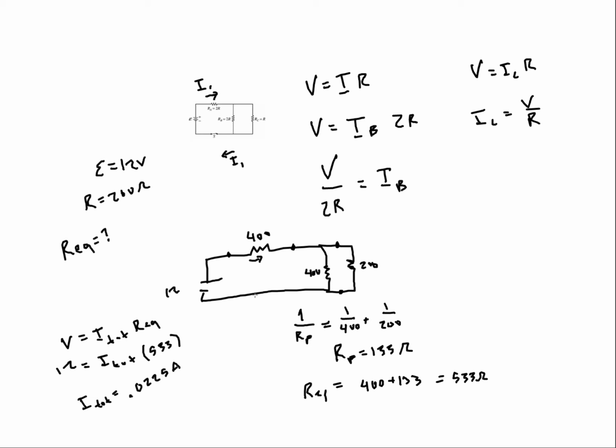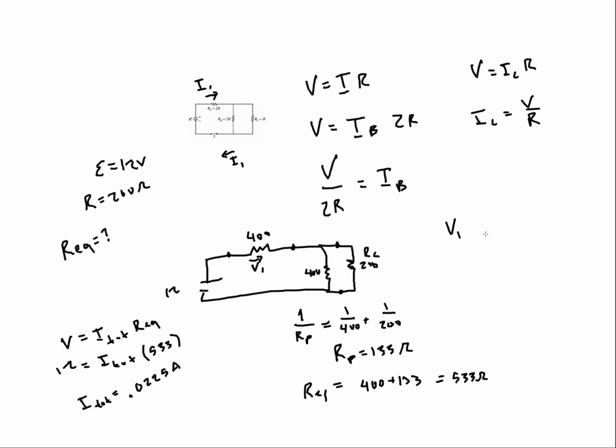Okay, so now I can use this resistance and figure out what's my voltage across this resistor, and then use that to know what's my voltage across these two resistors. And again, we're looking for the current across RC. So first I'm going to solve for, I'll call this V1.